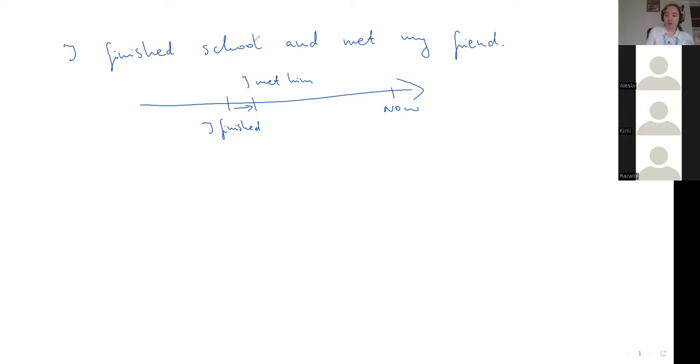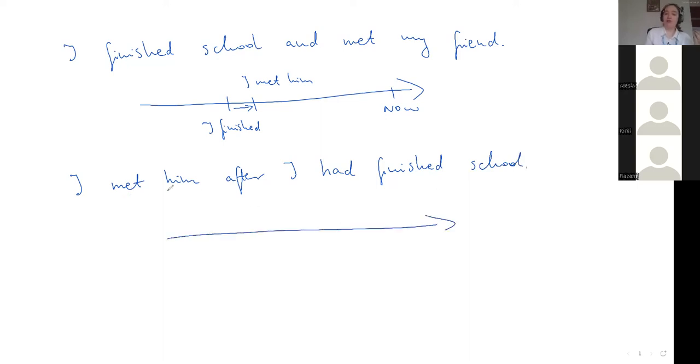So even if we reverse just those two events, we would say, I met him after I had finished school. And then here we are. The first event that we say is I met him.